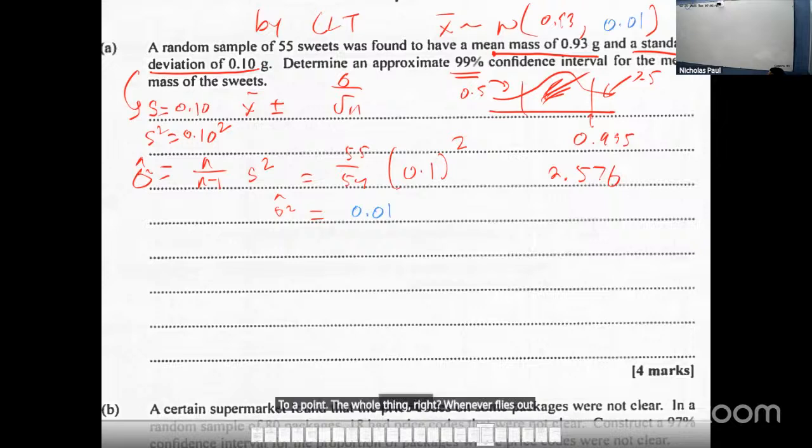So sigma hat squared is 0.01. Everybody get that right? Two decimal places. What's the exact value? Don't round up too much.